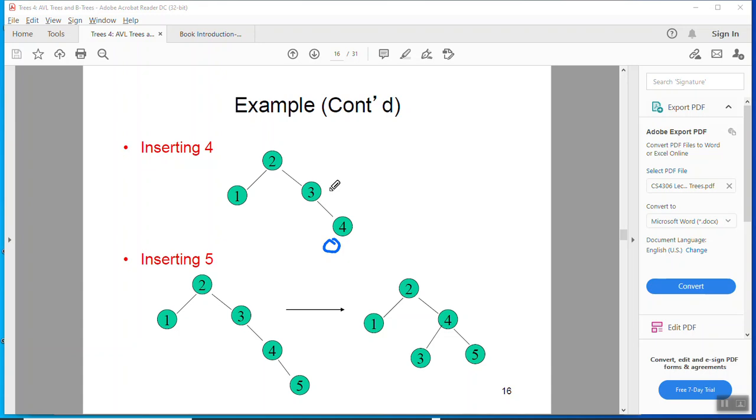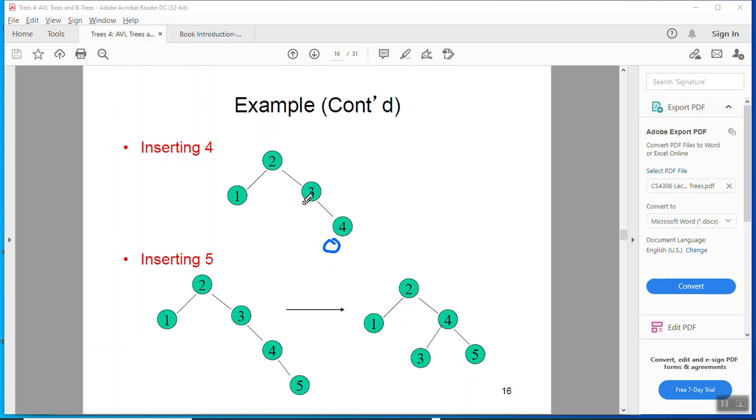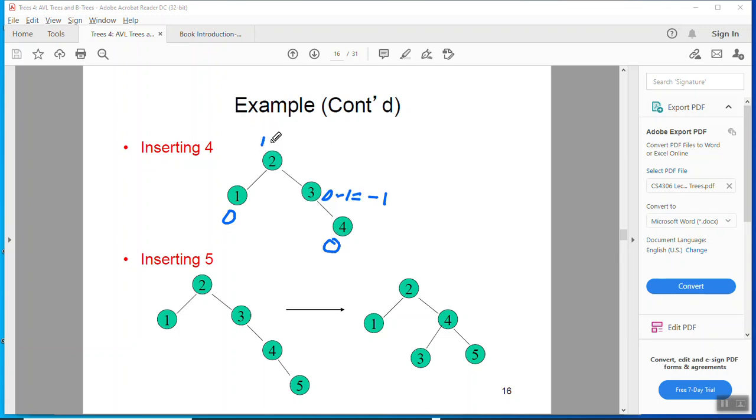So this will be 0 minus 1, negative 1, this will be 1, this is 0, and this is 1 minus 2, equal to negative 1. So this is good, and this is an AVL tree.